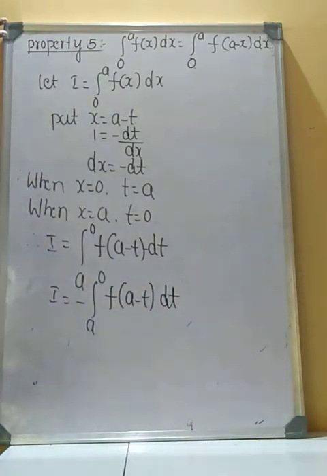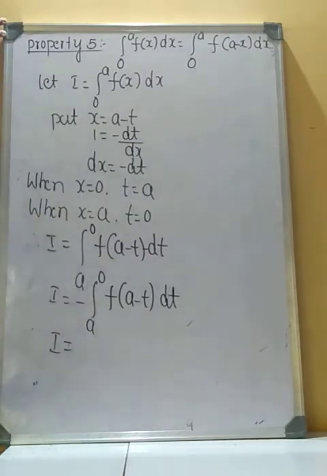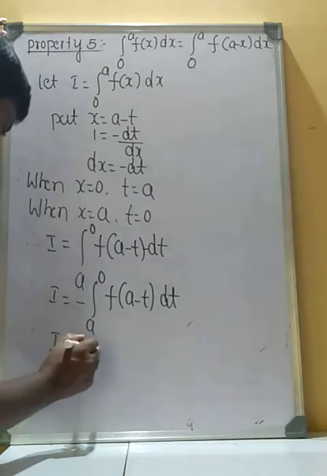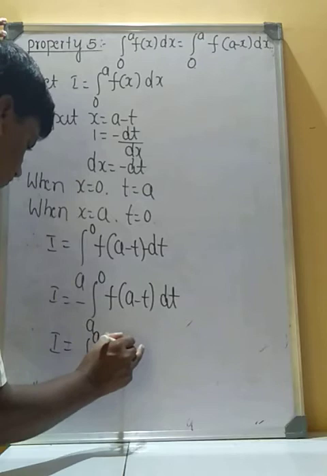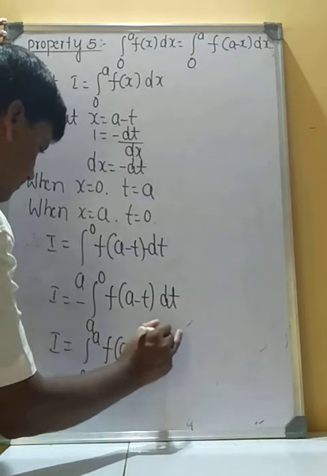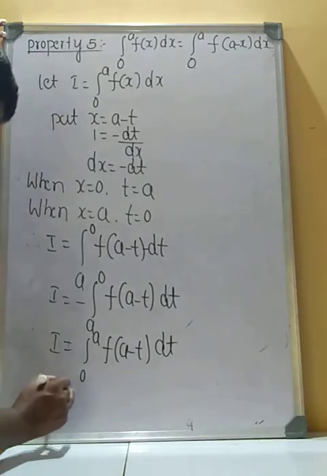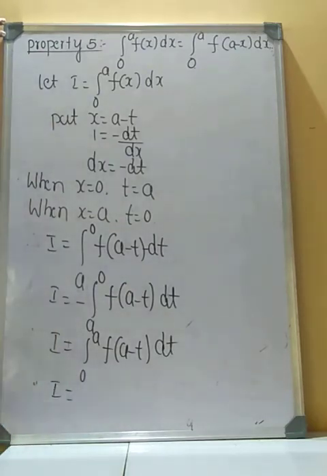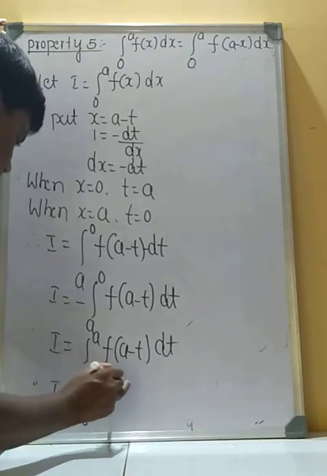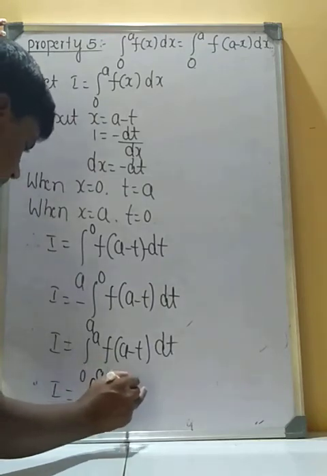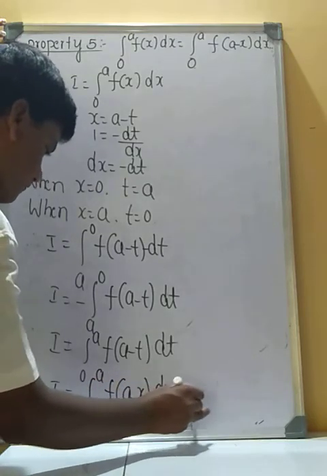Now by using property 2, interchange the limits: integral 0 to a f of a minus t dt. Therefore I is equal to, by using property 1, independent of variable, integral 0 to a f of a minus x dx.